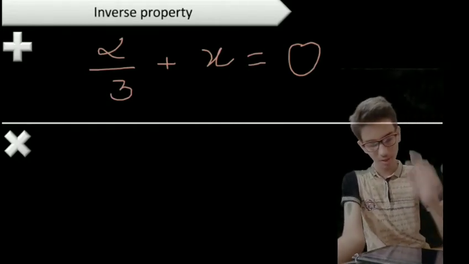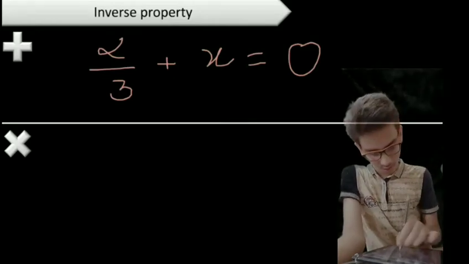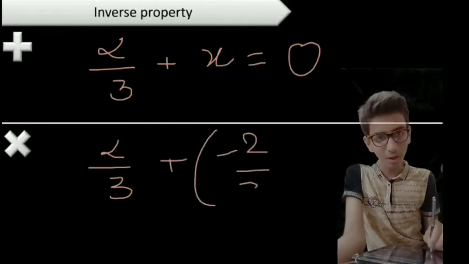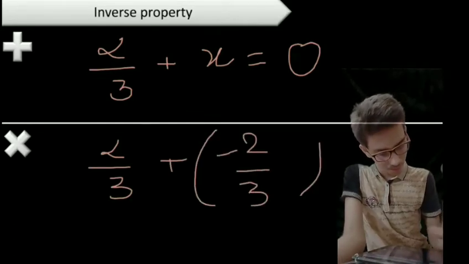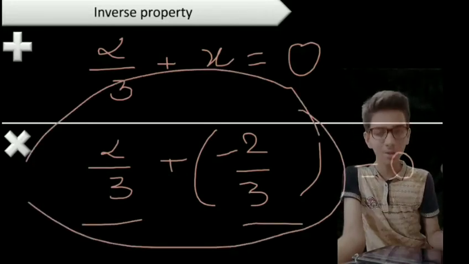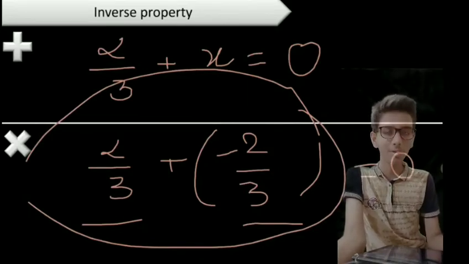But it is not in this case. We are going to take x as a negative number. We are smart, right? So we are going to take 2 by 3 plus minus of 2 by 3, which will give you 0. Subtract two equal numbers, you will get a big 0, right? No, you are not getting it in the examination, but here you are getting it.